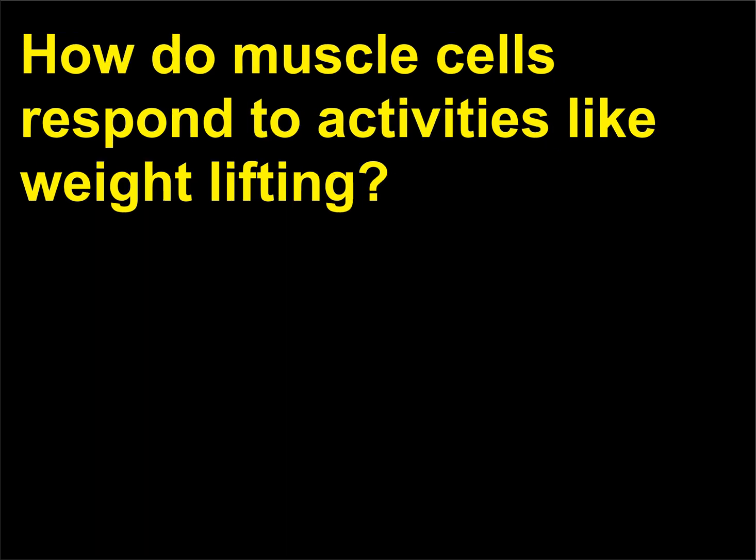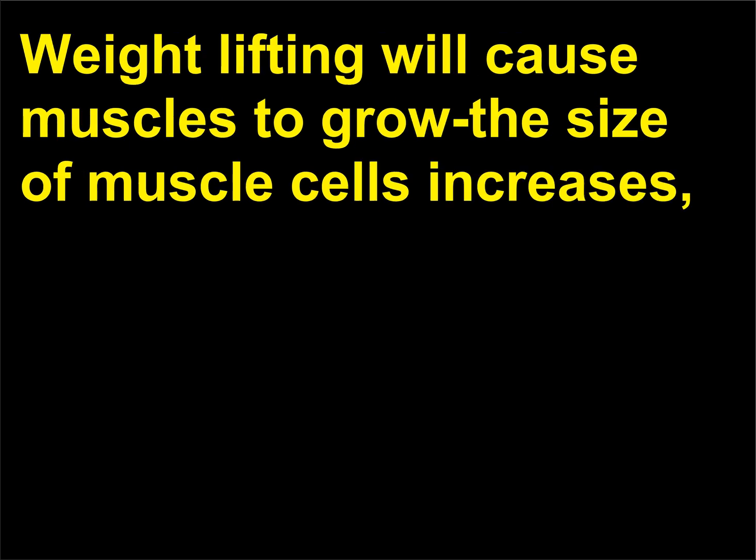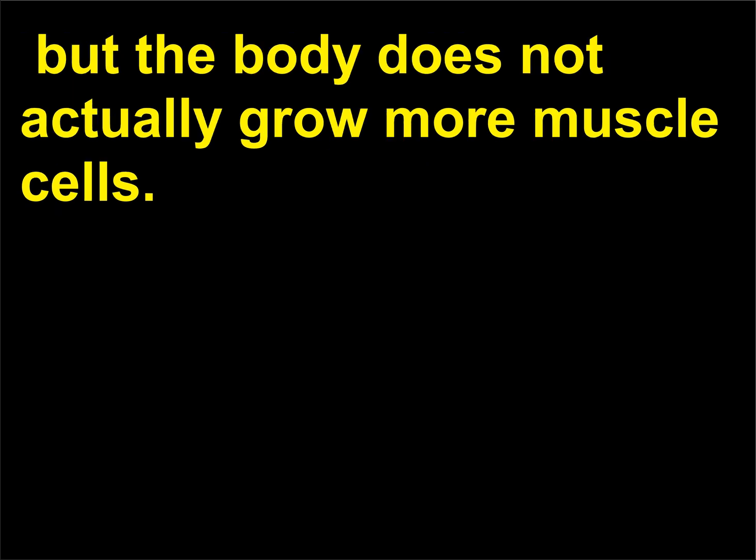How do muscle cells respond to activities like weightlifting? Weightlifting will cause muscles to grow; the size of muscle cells increases. But the body does not actually grow more muscle cells.